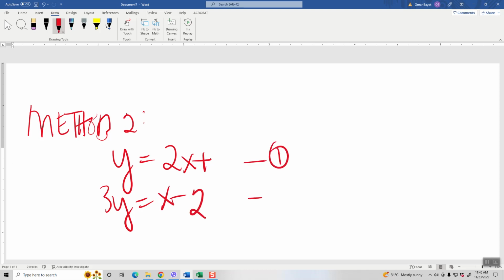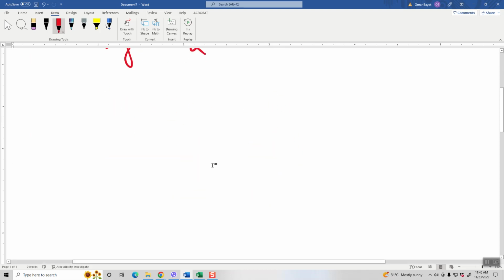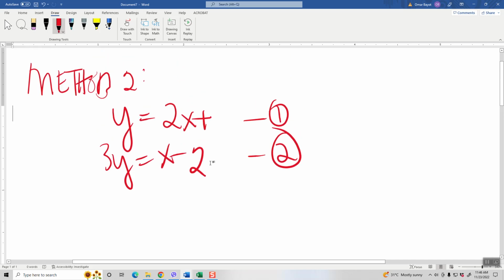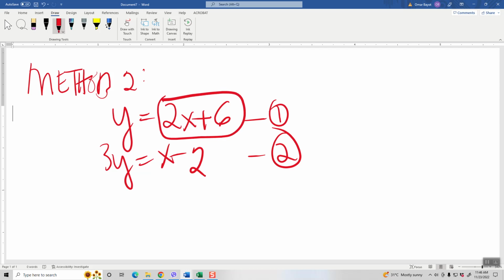We have equation 1 and equation 2. I'm going to replace y with 2x plus 6 by substitution. Yun ang tawag by substitution. Ibig sabihin, yung y na yan, ang laman ay 2x plus 6. So ilalagay ko dito ang value ni y sa equation 2.